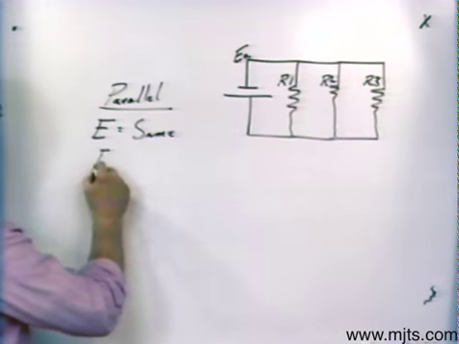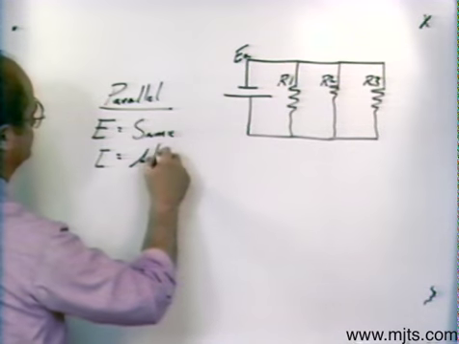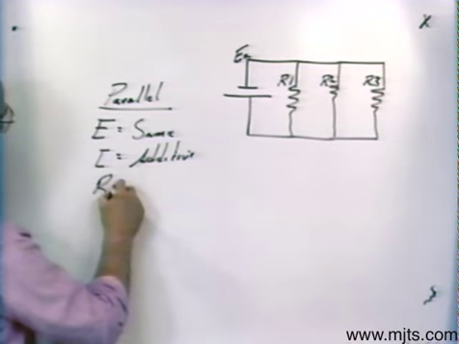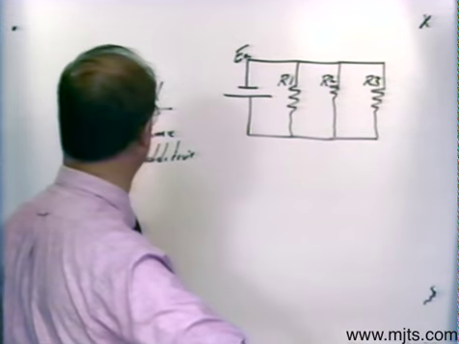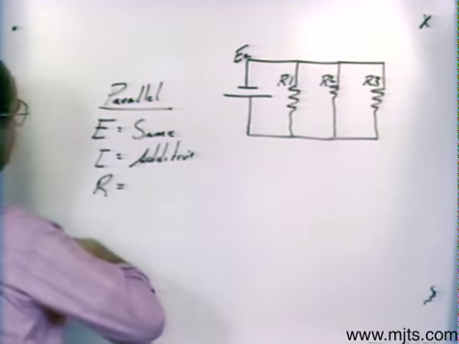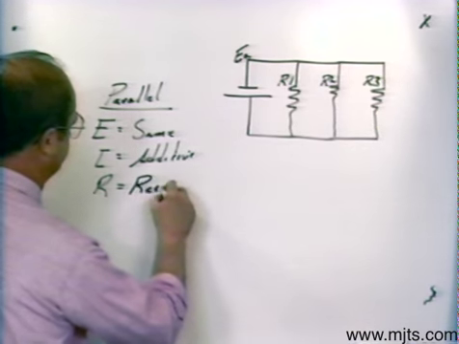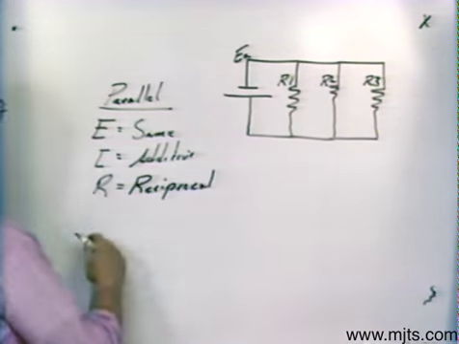The current in a parallel circuit will be additive. The resistance values for this circuit, we'll use what we call the reciprocal method, and I'll work this out with you. Well, it's a special method.